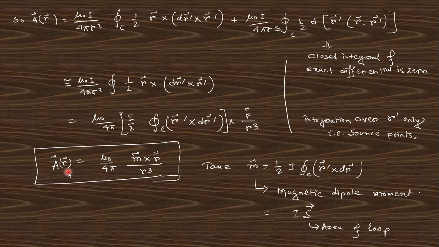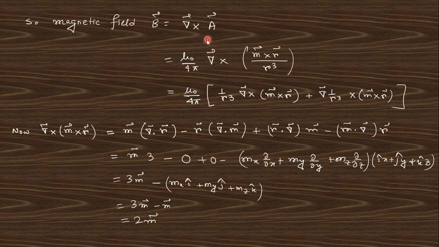So A of r equals mu by 4 pi, and this is treated as m, which is nothing but I by 2 times r prime cross this; we will discuss this later. Now this is A, and you know the magnetic field is the curl of A. Just taking the curl of this, it is written in these two forms, and curl of m is 0, so the third term is 0.